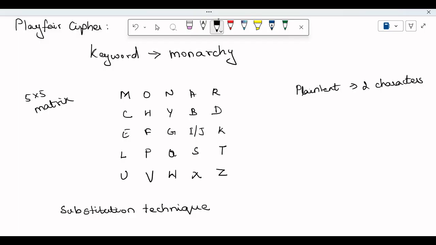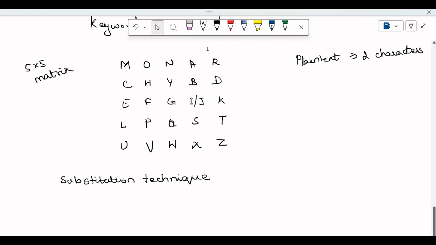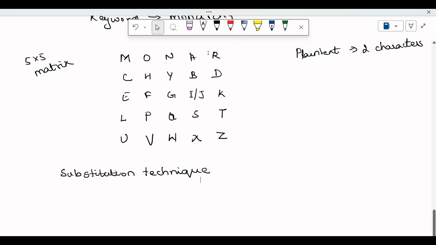This is my plain text. I am going to convert this plain text to an equivalent cipher text, 2 characters at a particular point of time. Here some pre-processing is required.